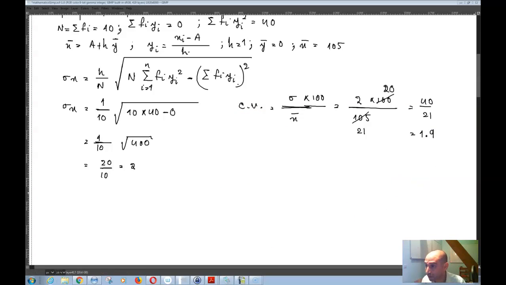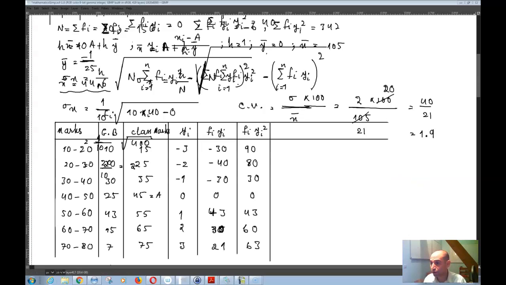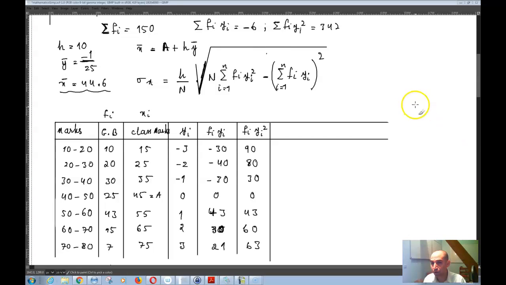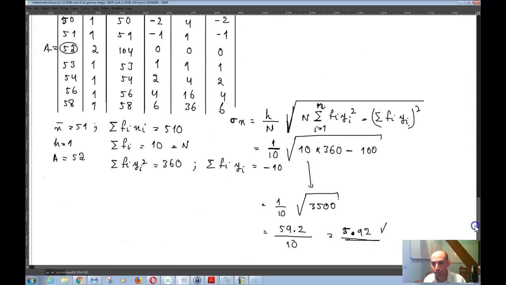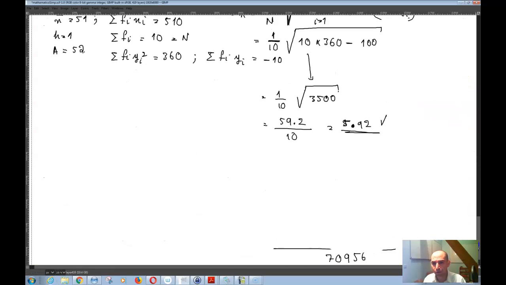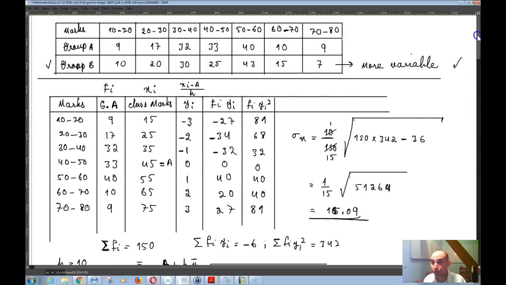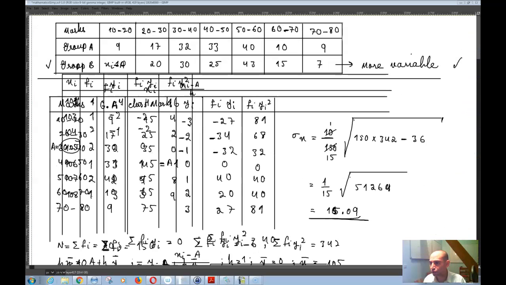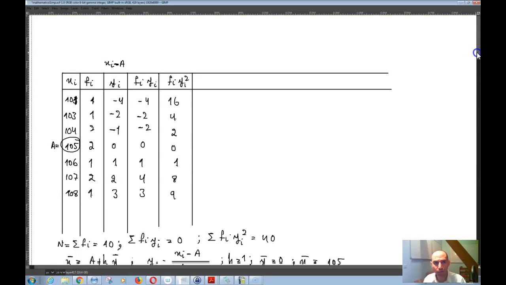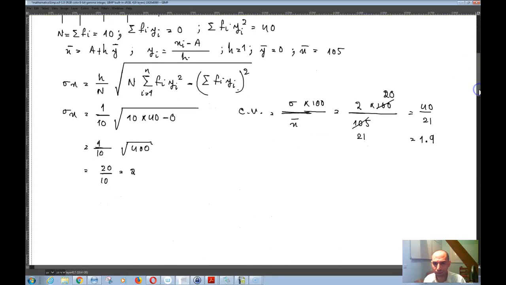The coefficient of variation which we calculated previously was 5.92. So the coefficient of variation 1 was 5.92.